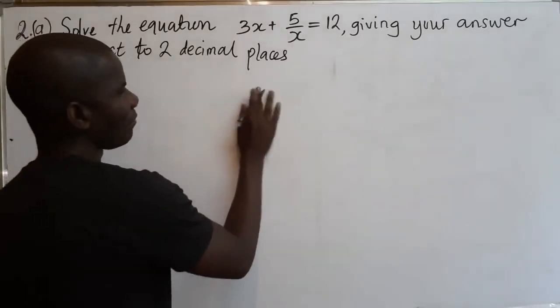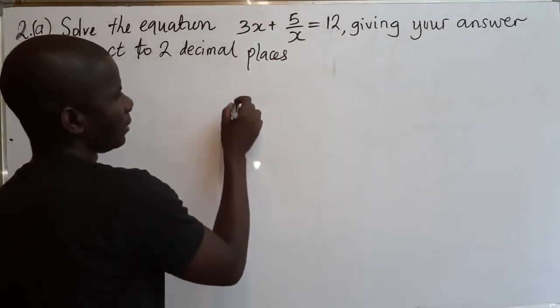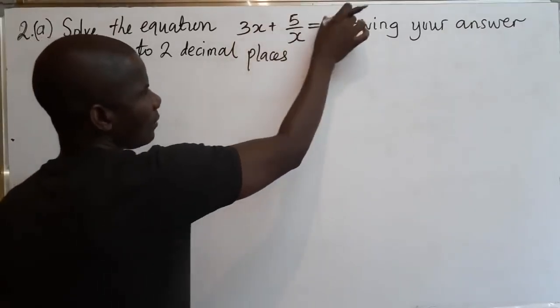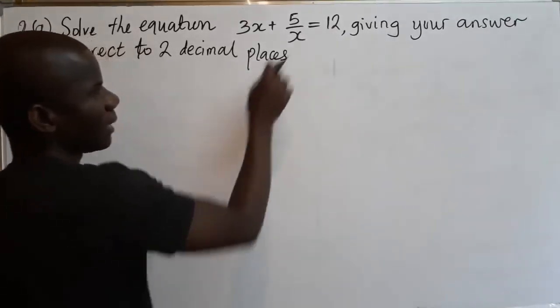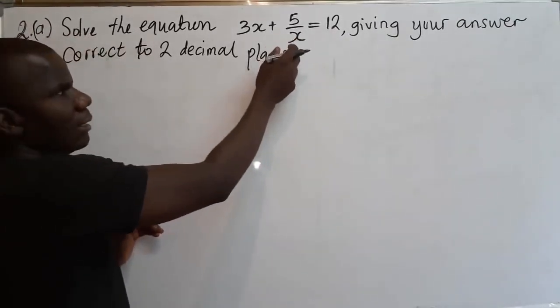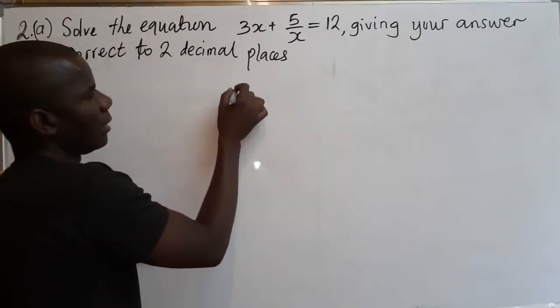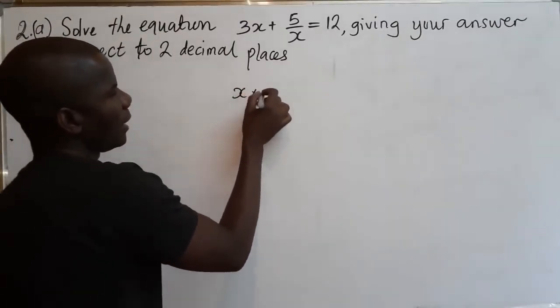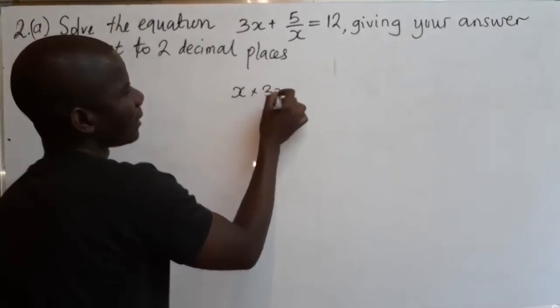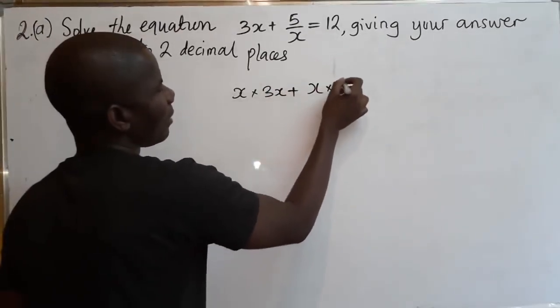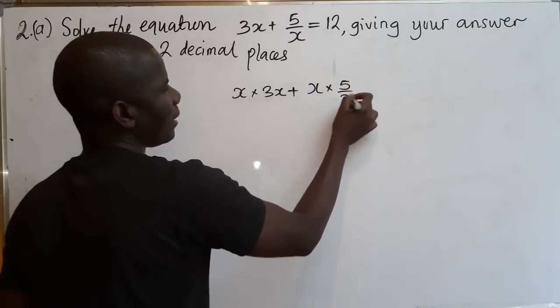So to get rid of the fraction, if you have an equation like this, what you need is to multiply each one of these 3 parts by x, because x is the denominator here. Okay? So I'm going to say x multiplied by 3x here, plus again x multiplied by 5 over x.